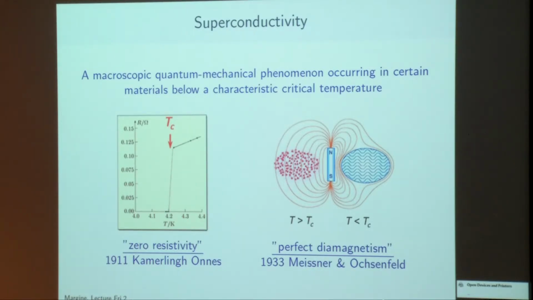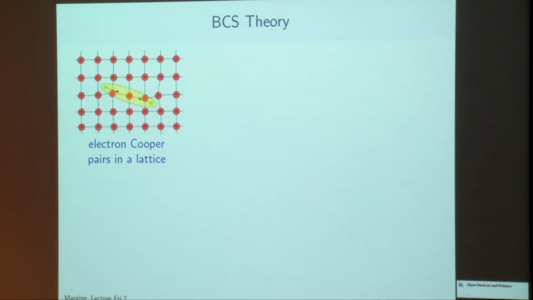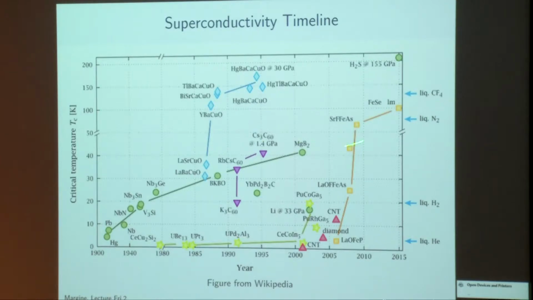Traditionally, the progress in superconductivity is shown by a plot like this of critical temperature versus time.